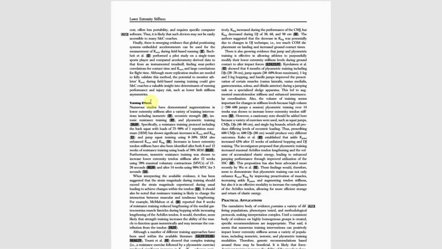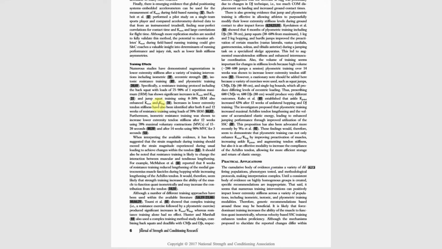In regards to training effects, the literature contains a variety of differing populations, phenotypes tested, and distinct methodological protocols, which therefore makes interpretation complex. So presently, specific recommendations are inappropriate.